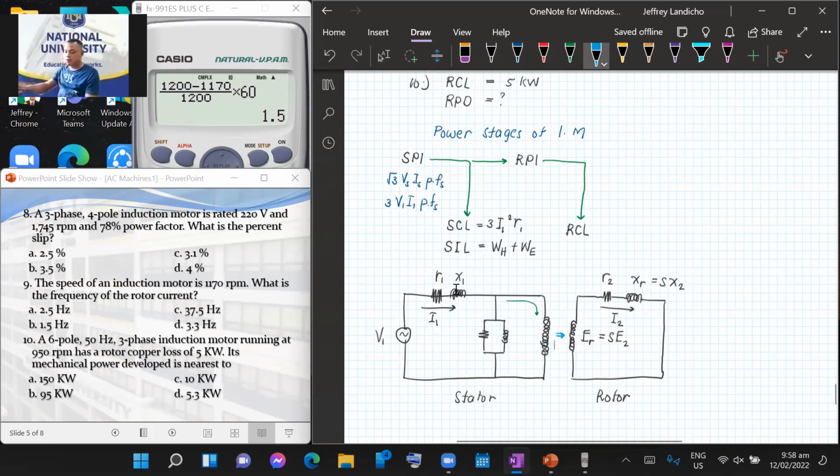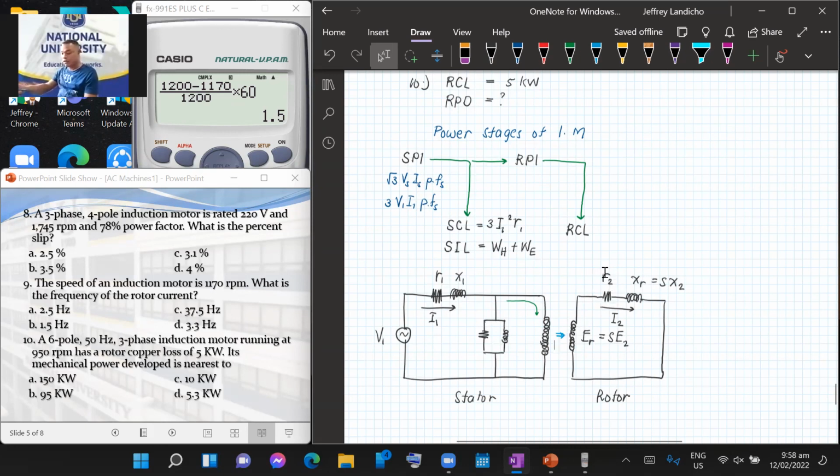Alright? Kaya nga, pag tinanggal natin itong power absorbed by the stator resistance and the corresponding core, that is now the power available papunta kay rotor. So, yun na yung ating RPI. Okay, so andito na tayo. The power available here is RPI. So, ngayon, tatanggalin natin, dadaanan natin si R2.